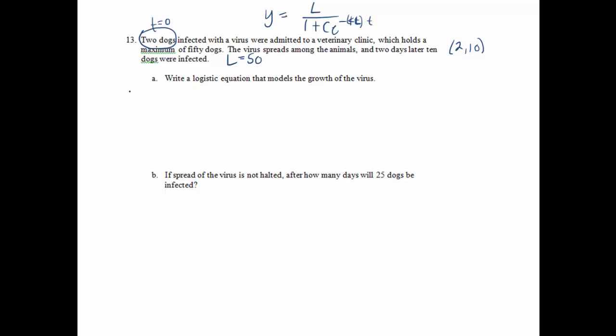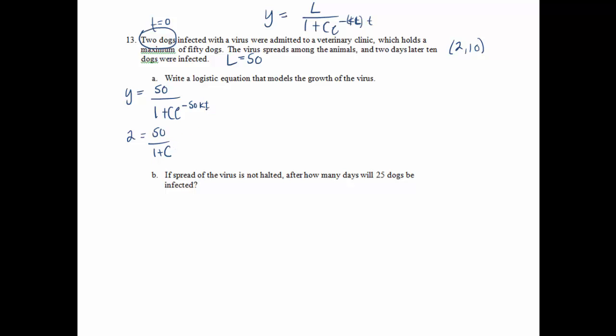Filling in my information, I'm going to have y equals 50 over 1 plus Ce to the negative, I do not know k, but I know L, so it's going to be 50kt. And that's all I know so far. Then it did tell me that 2 dogs were infected at time equals 0, so now we can have 2 equals 50 over 1 plus C, and if I plug 0 in for t, the e to the 0 is just 1.